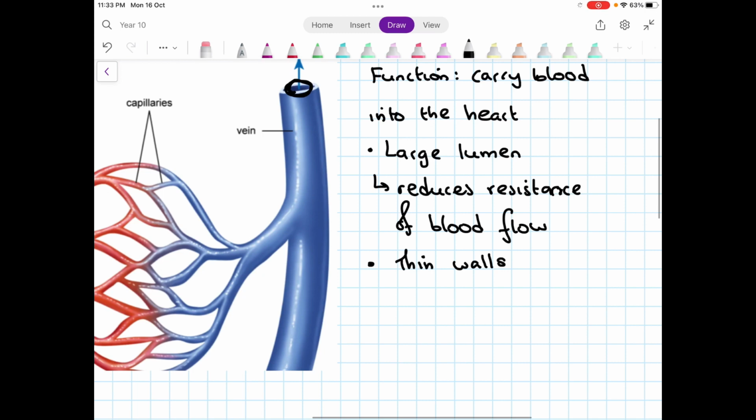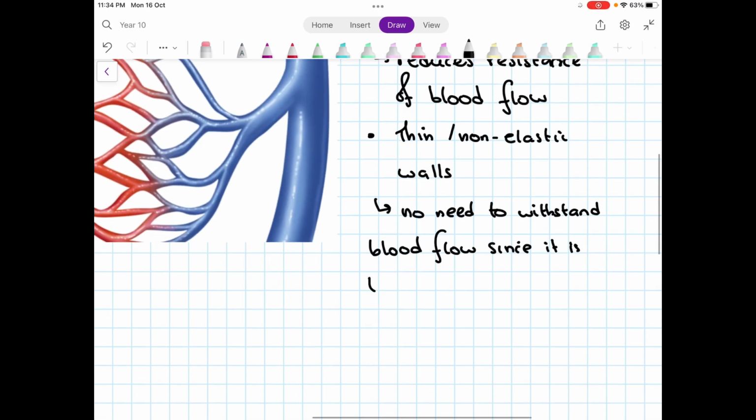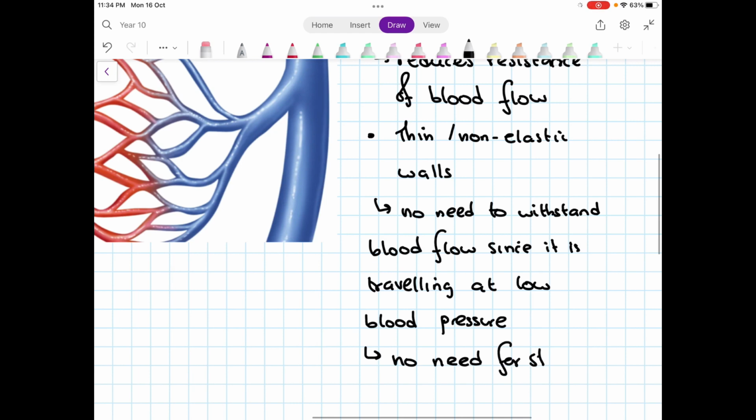And they don't need muscular walls either because blood is traveling at low pressure. And there's no need for stretch and recoil.